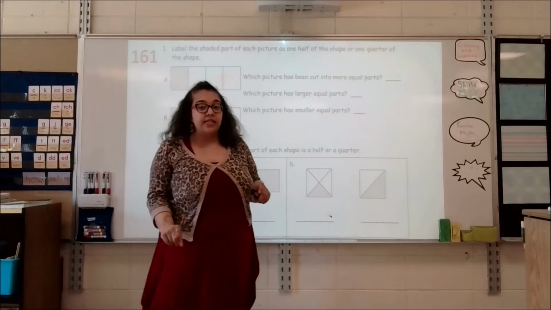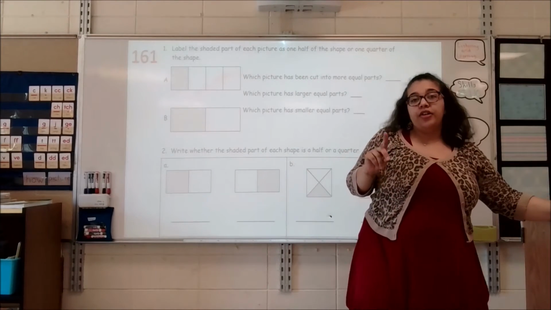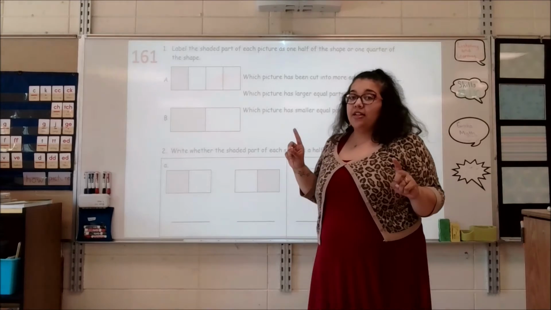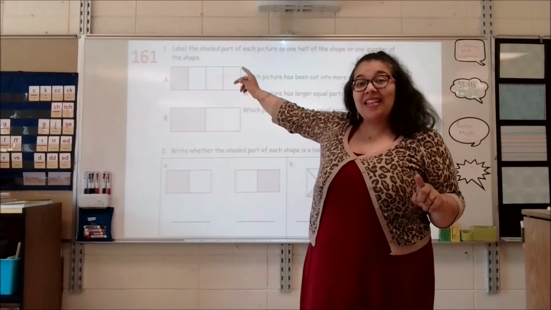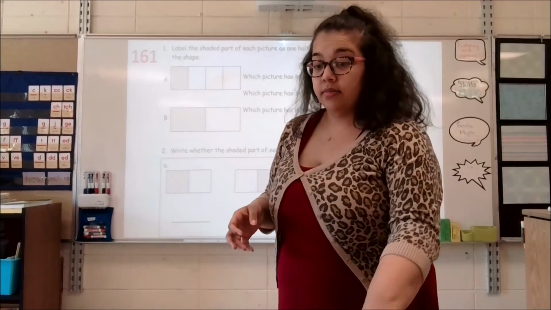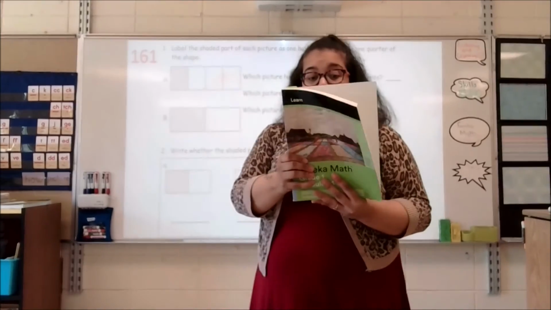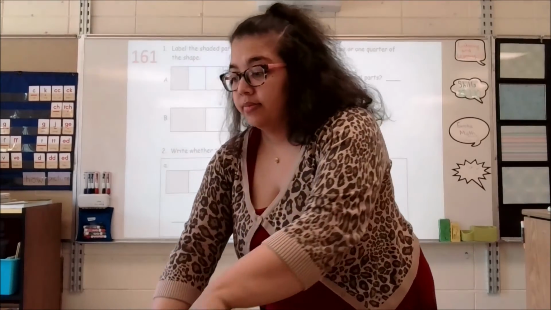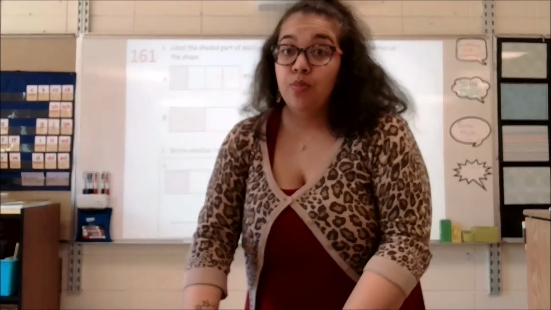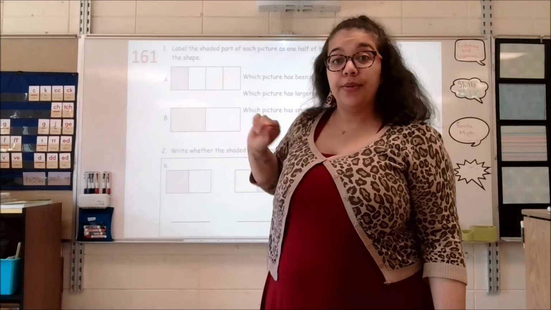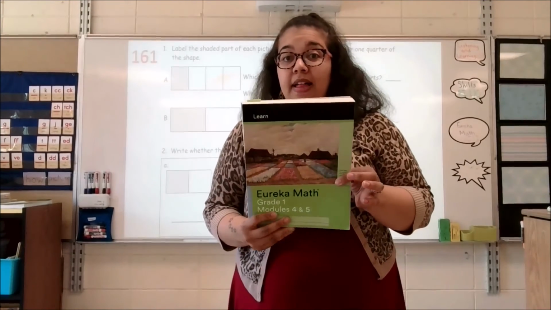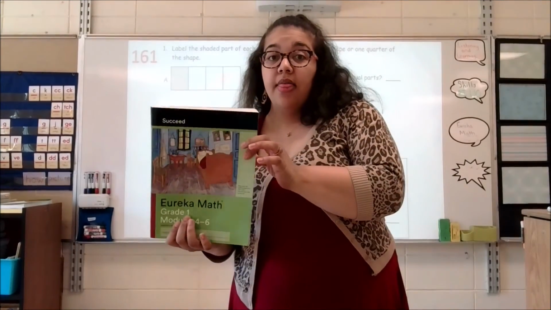This is page 161. Look at that page number, and then I need you to tell me, just by looking at that page number, do I want you to get Starry Night, Flower Beds, or The Bedroom? Which book does that page number tell you you need?